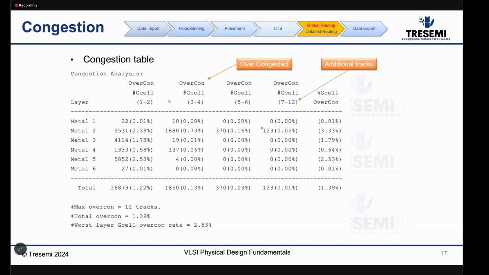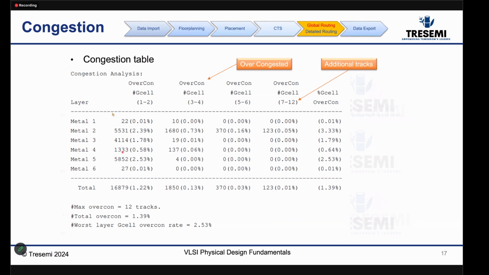So M2 and M4. There are many things you can try to read from this report, right? Let's say M2 and M4 usually run in the same direction, right? So by looking at this, you say, more likely, either vertical or horizontal, you have trouble with that, right? 1 and 3 and 5 are not too bad, right?